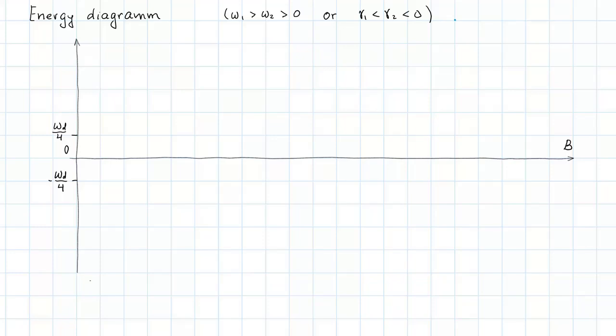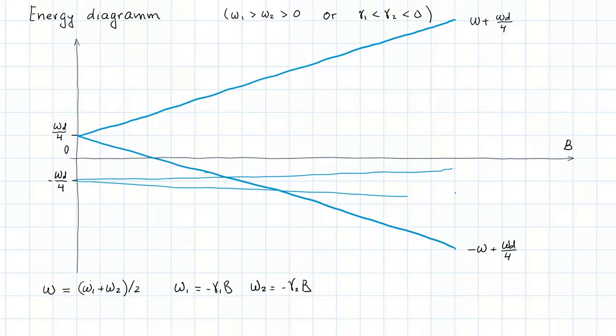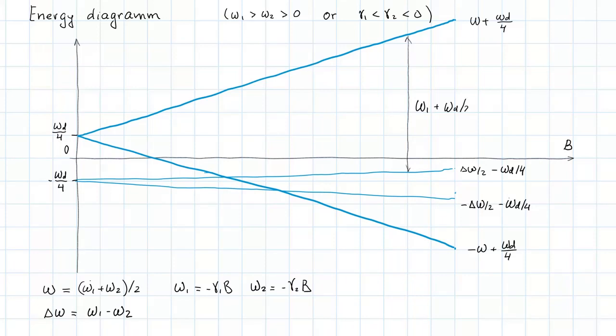Using these points, I can plot all four eigenvalues of the spin Hamiltonian, which linearly depend on the magnetic field B, as shown in the plot. Here I will also indicate the transition between the first and the second energy level, which corresponds to the inversion of the second spin. The frequency of this transition is equal to omega 2 plus omega d divided by 2.